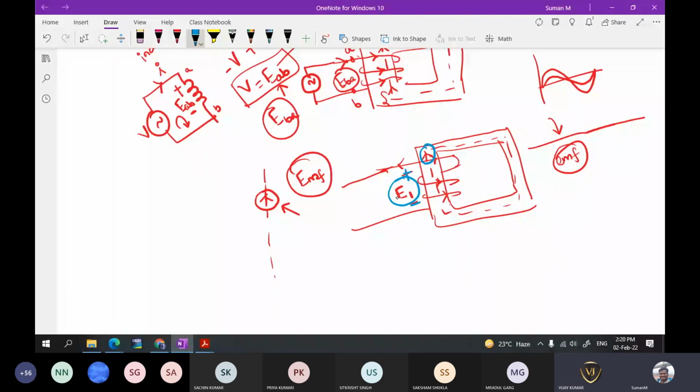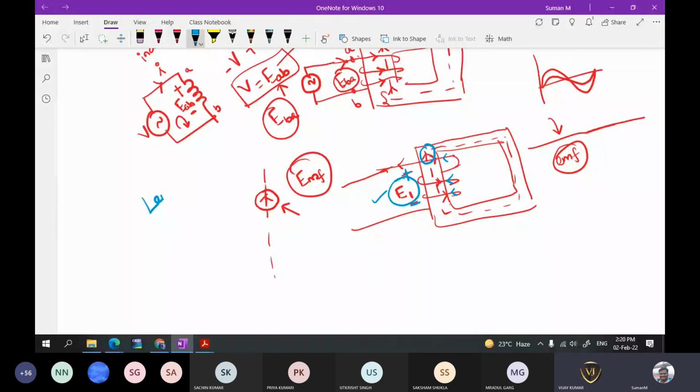Now, if I allow this EMF to supply some current, then it will supply current which is opposite to the actual current flow. Only if it supplies the current in that opposite direction will it oppose the actual flux which is responsible for inducing this EMF.